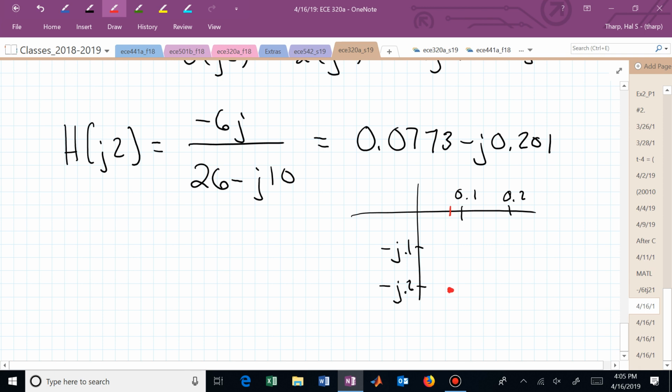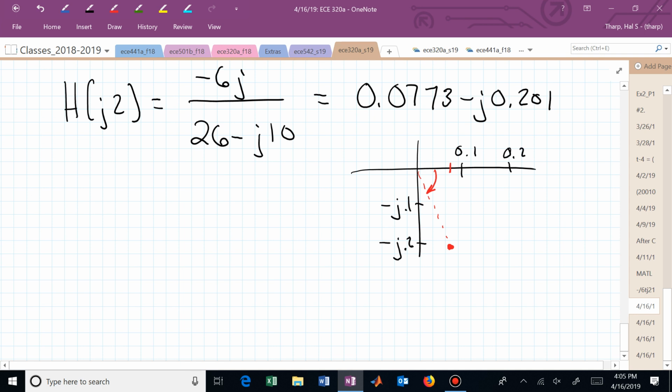So there is your complex number associated with h of j2. It has a length a little bit bigger than point 2, and it has a negative angle. Or if you just converted h of j2 to polar form, you would see that it's now 0.215 magnitude at an angle of minus 69 degrees.